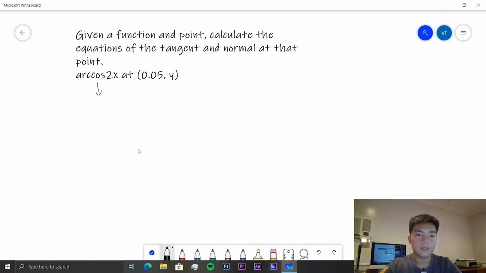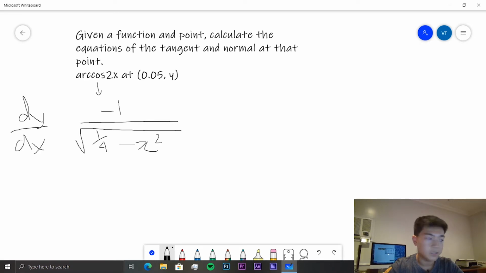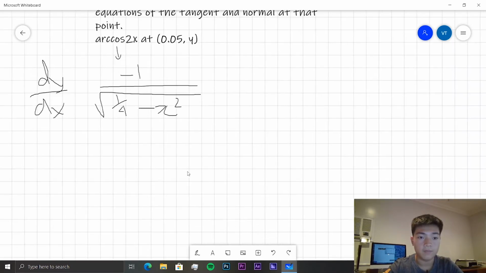So first let's differentiate this function. We know that if we differentiate arc cosine 2x, this will end up as -1 over the square root of 1/4 minus x squared. I believe that is correct. And so we need to get the gradient at the point 0.05.